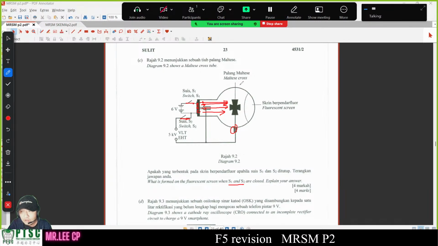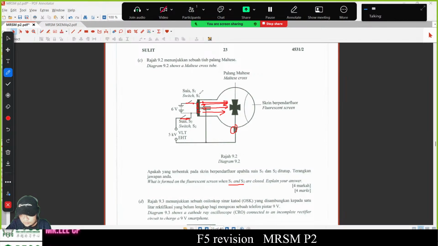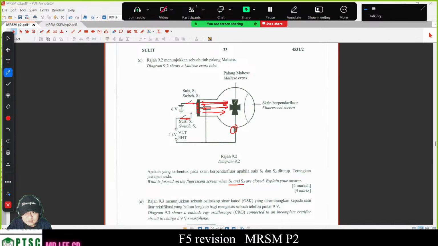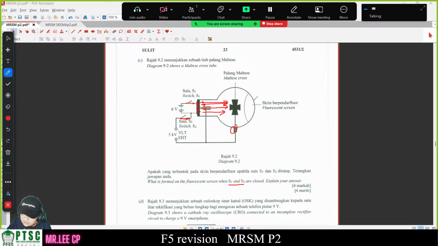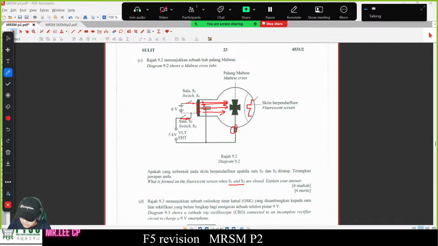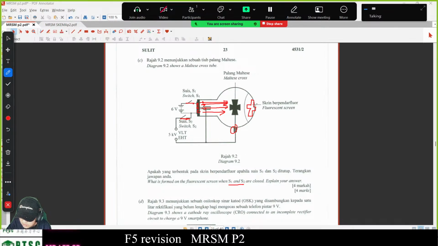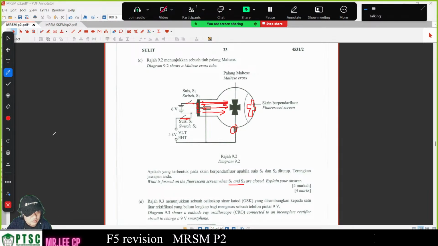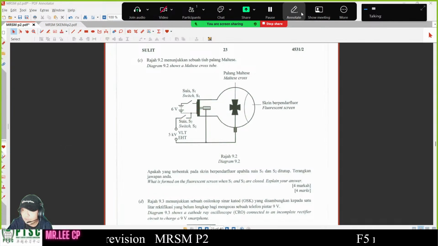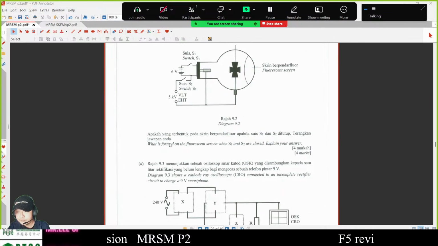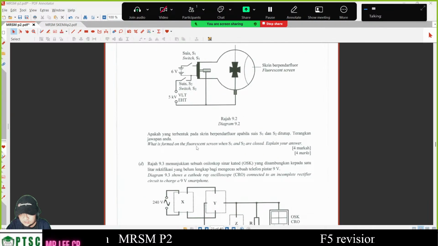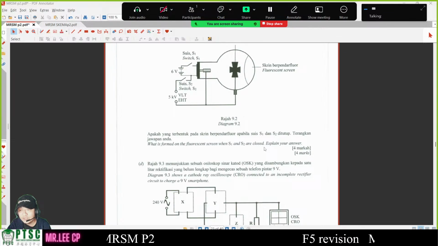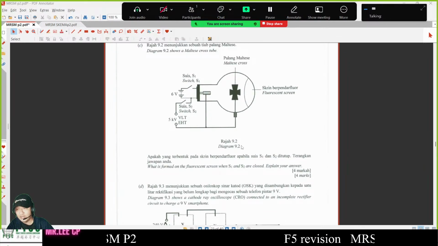So now this Maltese cross is blocking the electrons, so here you will see the shadow form right here. So this is what we have. What is formed on the screen when S1 and S2 are closed? Explain your answer. Alright, 4 marks.